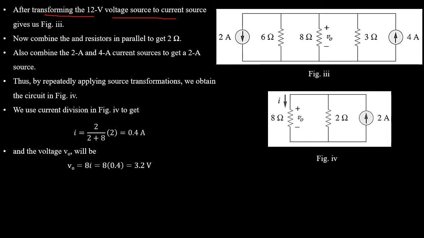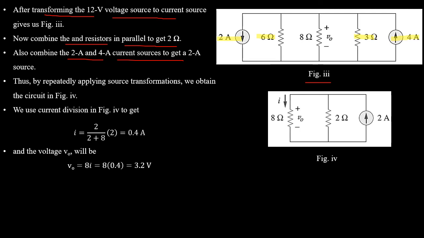Now we have the circuit in parallel form, where we can combine the 6 ohm and 3 ohm resistors to get an equivalent resistance of 2 ohm. Also we can combine the 2 ampere and 4 ampere current sources to get an equivalent 2 ampere current source, because both are in opposite directions.